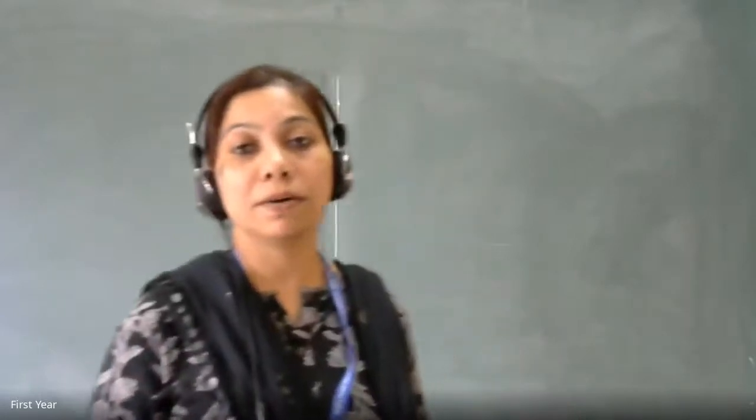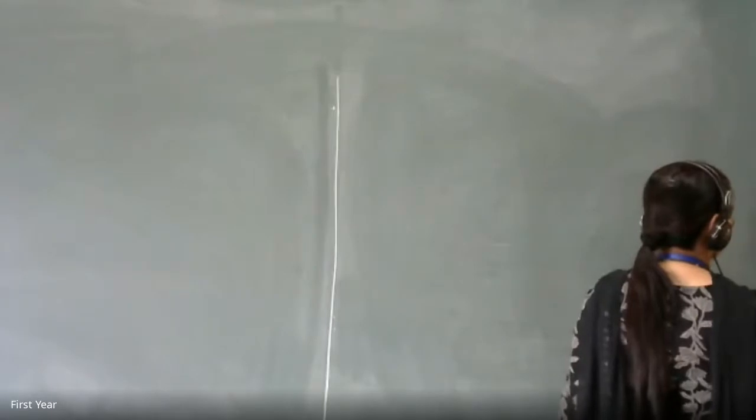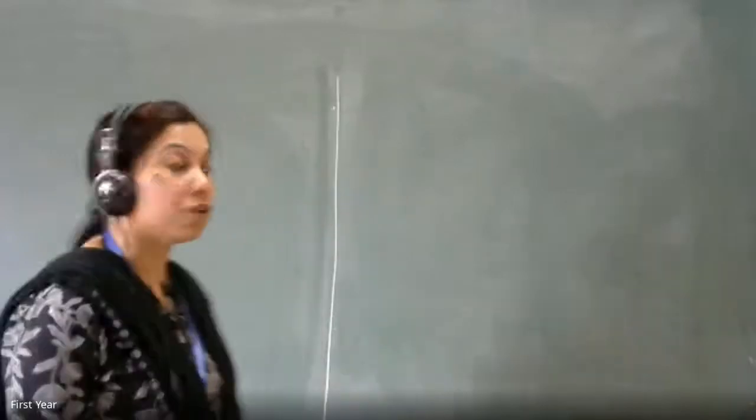Is Sagar Mahure present? Roll number 53, I suppose. Is he present? Okay. Roll number Abhishek Nikam, are you there? Present, ma'am. Yesterday we did the homogeneous function definition. Can you tell me what is a homogeneous function?